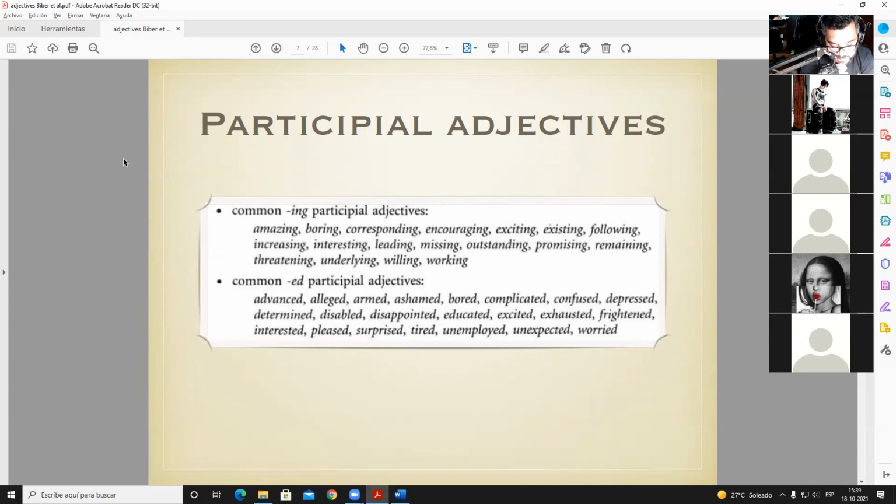Let's remember that participial adjectives are created out of verbs, right? And then they are usually used attributively, and that's good. Why? Well, because inside of noun phrases, to-infinitive clauses tend to be postmodifiers or complements.